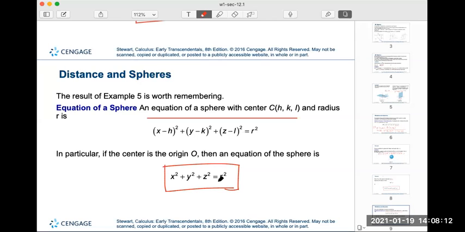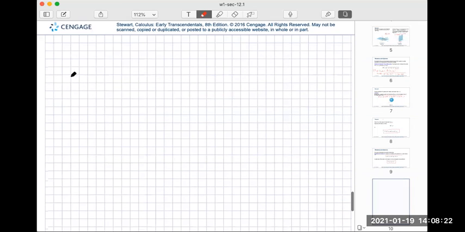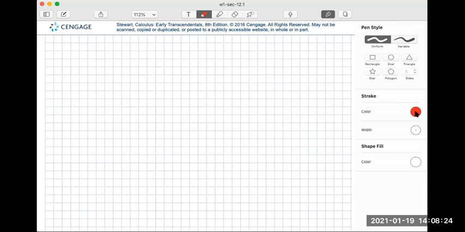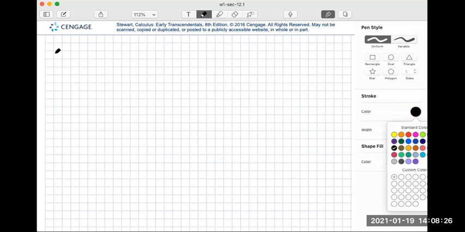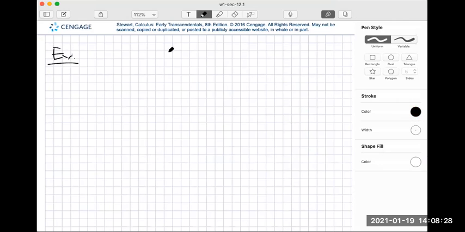Now, let us find a circle, right? How about this? Look at this. x squared plus y squared is equal to 1.